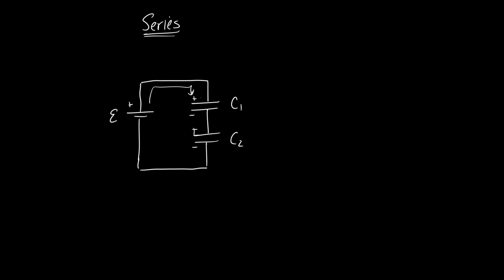Due to Kirchhoff's second law, there's no junctions here. So the amount of charge that must be moved off of one capacitor has to be the same as the next capacitor in series. So the charge that is developed on capacitor 1 and the charge that's developed on capacitor 2 have to be equal for capacitors that are in series. That's a rule.